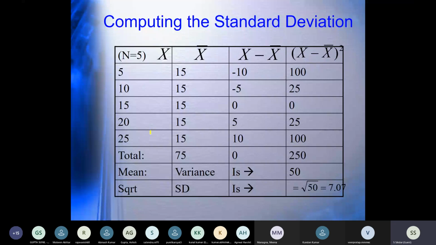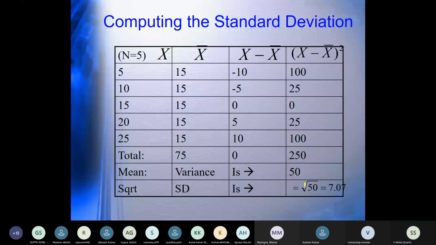As I said, for a small number of samples, just like here it is 5, you can make a table like this: x minus x bar, then x minus x bar whole square, and then you add them up. The total here is 250, and then you divide by the total number, that is 5, and you end up with 50. That is the variance. And what is standard deviation? That is the square root. So one is sigma square, and this is sigma. There is nothing great in it.